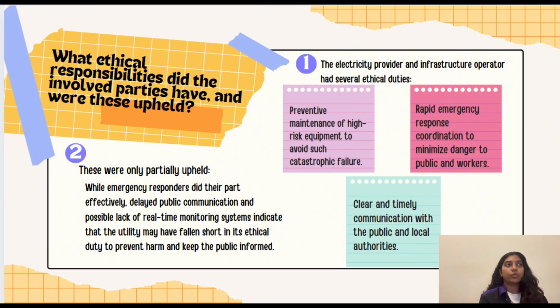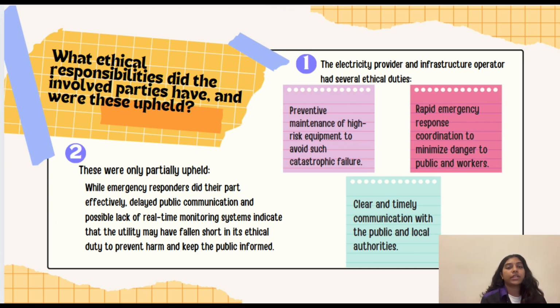Next up, we'll talk about what ethical responsibilities these involved parties had, and whether these were upheld. The electricity provider and infrastructure operator had several ethical duties, such as preventive maintenance of high-risk equipment to avoid such catastrophic failures, rapid emergency response coordination to minimise danger to the public and workers, and clear and timely communication with the public and local authorities.